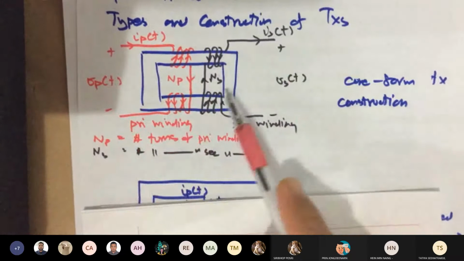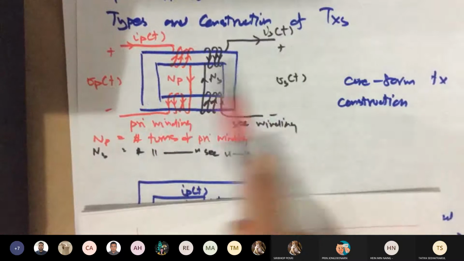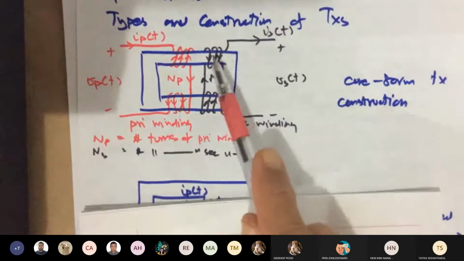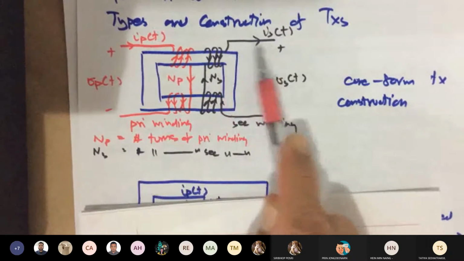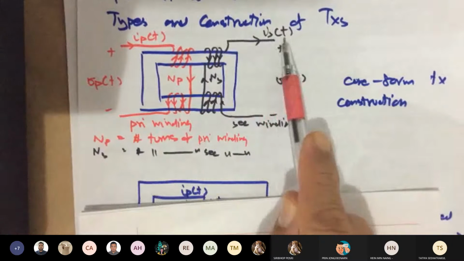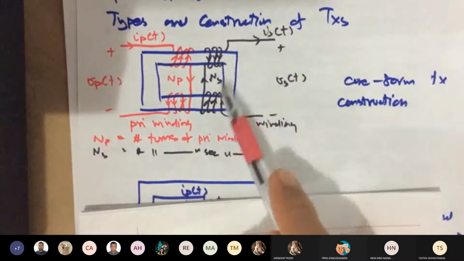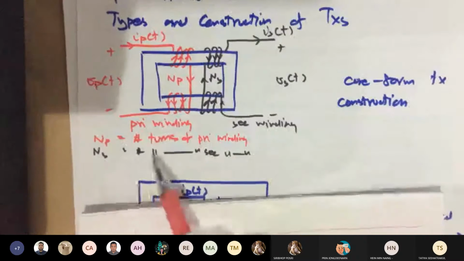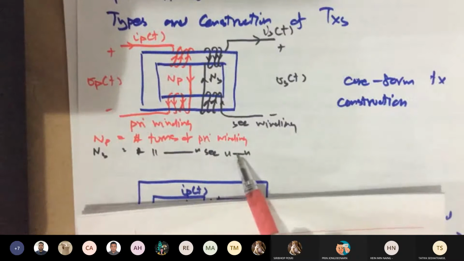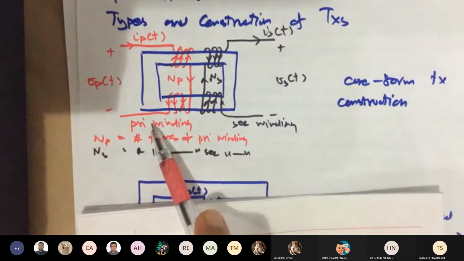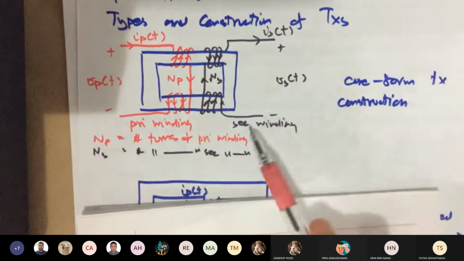The black winding has the same polarity, plus and minus, v sub S of t, but this time the current flows out to the load, i sub S as a function of time. This black winding has N sub S turns, so N sub S is the number of turns of the secondary winding, which is connected to the load. When we say primary, it automatically means input connected to the source.